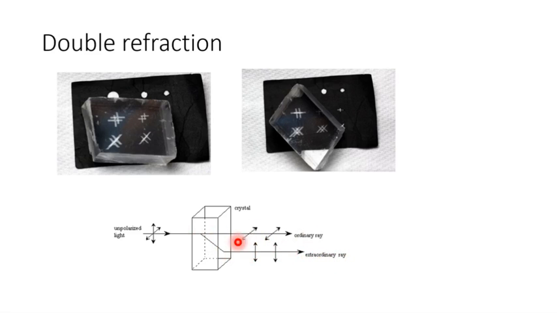Now in this case, the light is vibrating perpendicular to this paper, and in the extraordinary ray, the light is vibrating along the paper, like this. So this material has produced double refraction, which you can see in this picture.